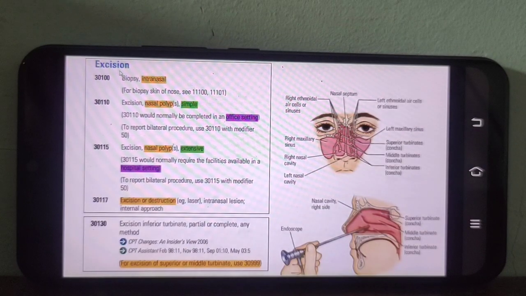So obviously, is this an open surgery or closed surgery?